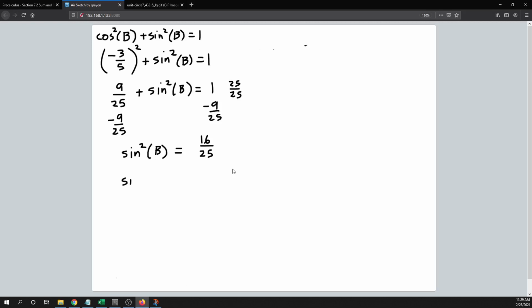Then we use the square root property that says if sine squared B is equal to 16/25, then there are two possibilities for sine B. It's either plus or minus the square root of 16/25. And then we can simplify that square root as much as possible. That's going to be the square root of 16 over the square root of 25.